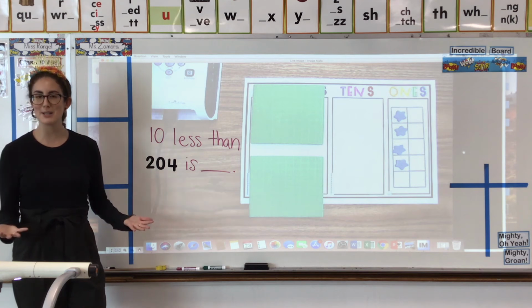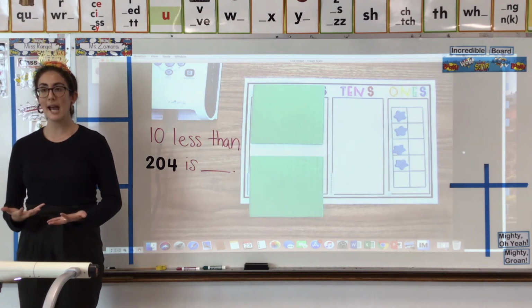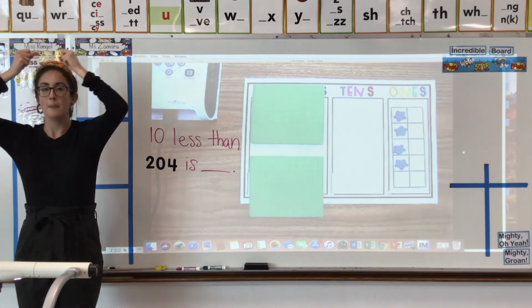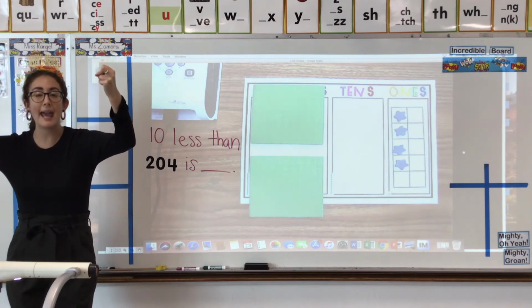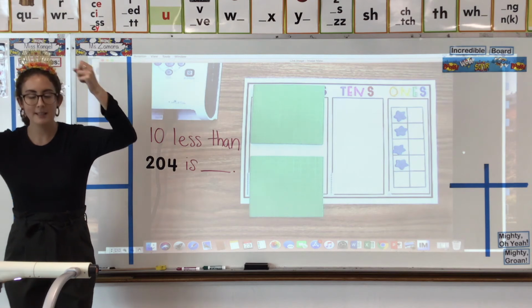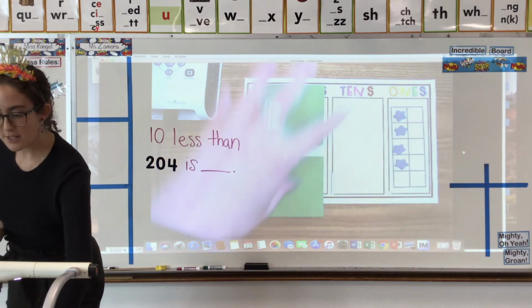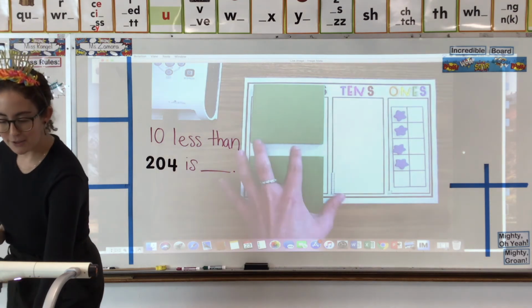Mathematicians, what is the solution? What do we need to do? If we want to take away a 10, we have to break apart, unbundle a larger unit, and what would that be? If we want some 10s, what's our larger unit? 100.